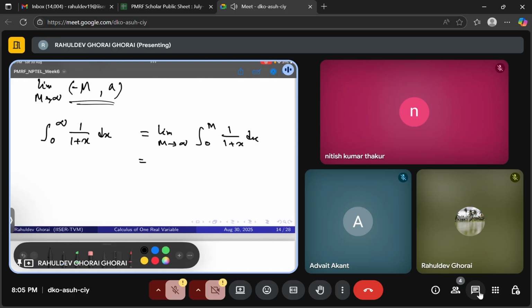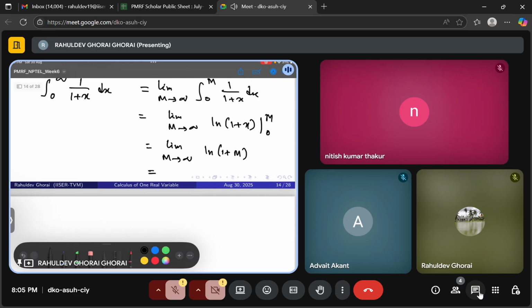And that is nothing but the limit as m tends to infinity, this is ln of 1 plus x, evaluated from 0 to m. When it is m, it will be ln of 1 plus m, and when it is 0, it is ln of 1, that is 0.